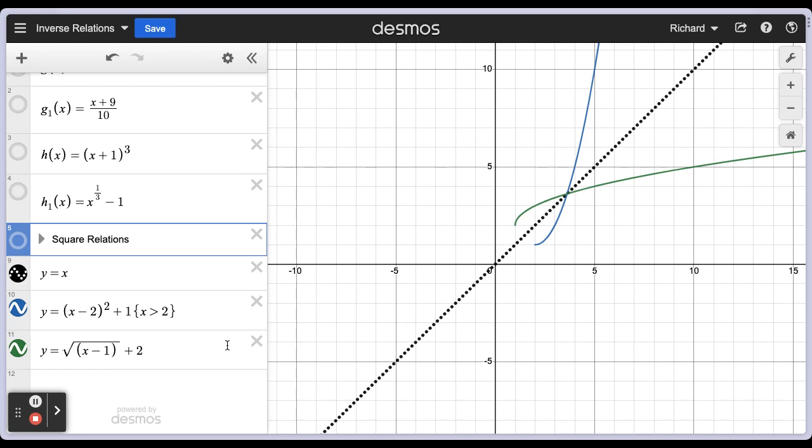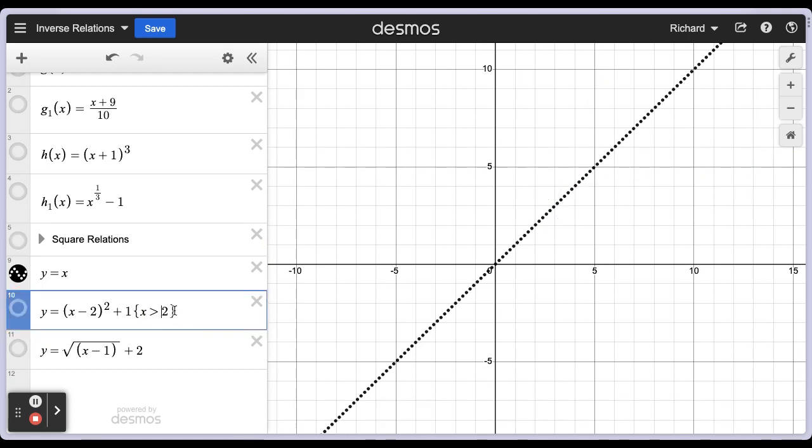And yes, I could, if I wanted to, I could have chosen, I should have said less than or equal to, to be honest, I could have chosen this, but then when I find the inverse, I would have to change my inverse function accordingly.